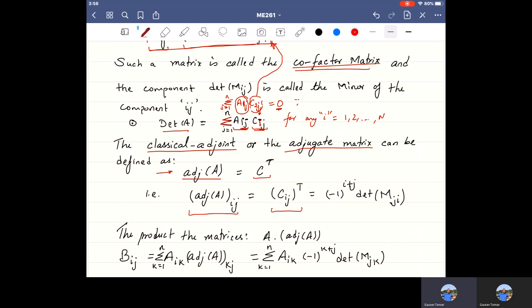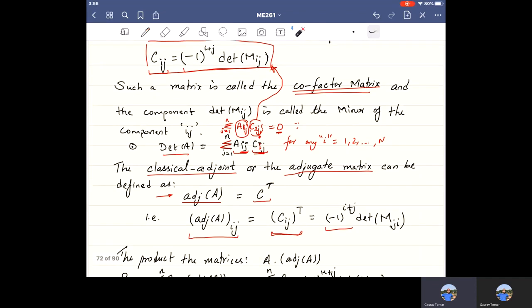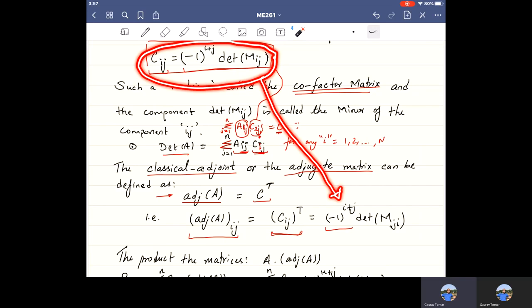In any case, the Cij transpose would be minus 1 to the power i plus j, because it doesn't matter whether it is j plus i or i plus j. So we are using this definition here to define these terms. The only thing is we're taking the transpose, so we're replacing j with i and i with j. In this case, minus 1 to the power i plus j is the same as j plus i, so we'll leave it like that. But the determinant of the submatrices has to change this way. It will be ji and not ij anymore.